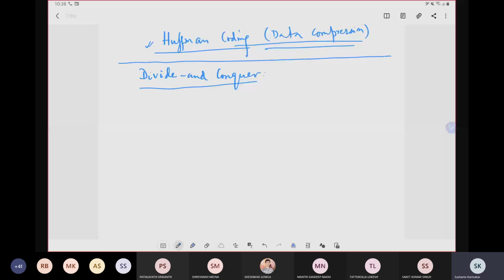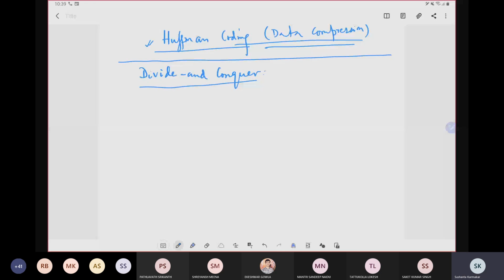Let me take one interesting problem which you may or may not have encountered in the divide and conquer paradigm, which is very important and also has geometric connections.